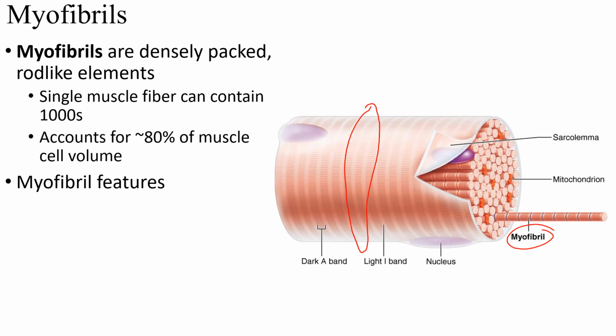Now the myofibril features: they have the striations, so they are the cause of the striations, and we'll talk about how that pattern starts to arise. We're going to talk about sarcomeres, which are going to be the actual contracting unit on the myofibrils. And we'll talk about the myofilaments, which are going to be the actual contracting structures.